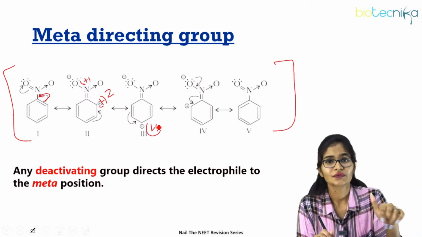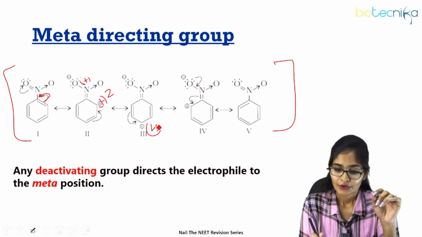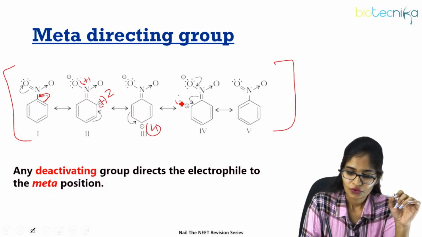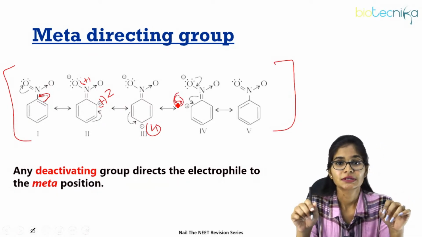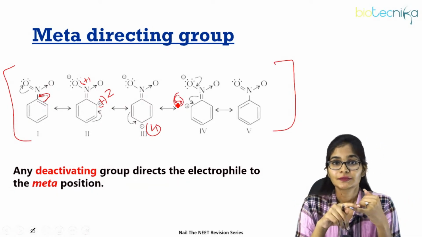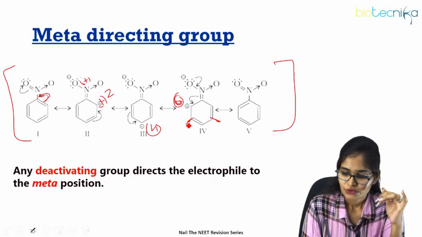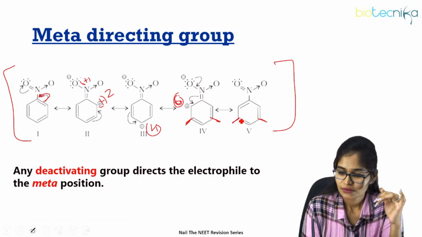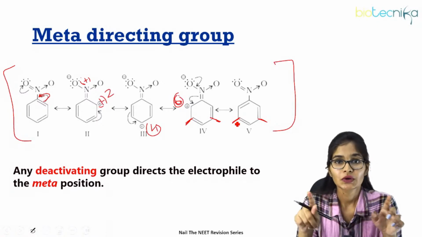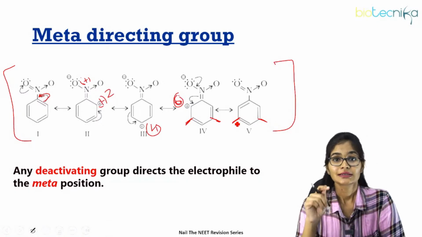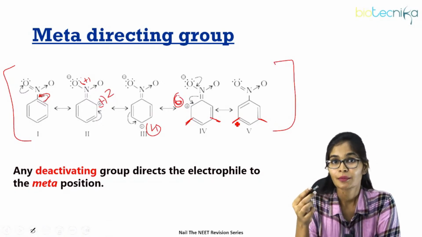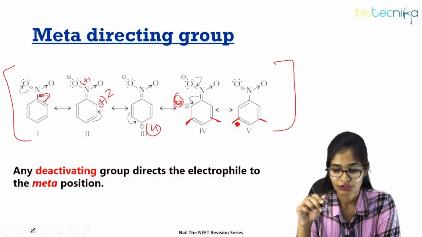So you're just shifting the pi bond inside the ring, and overall at 2, 4, 6 positions, the carbon is bearing positive charge. Then this is the meta position. So these meta positions are free, where it is not bearing any positive charge. In the sense, it has more electron density compared to ortho and para positions, right?